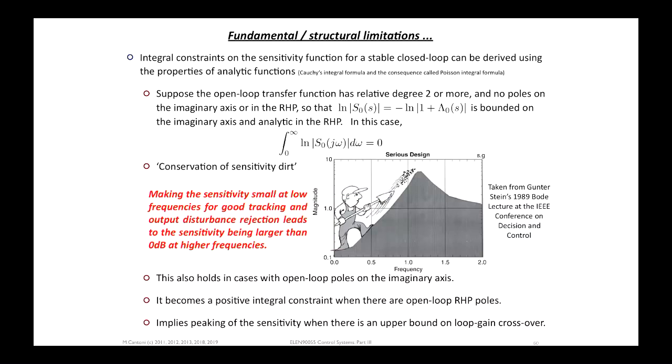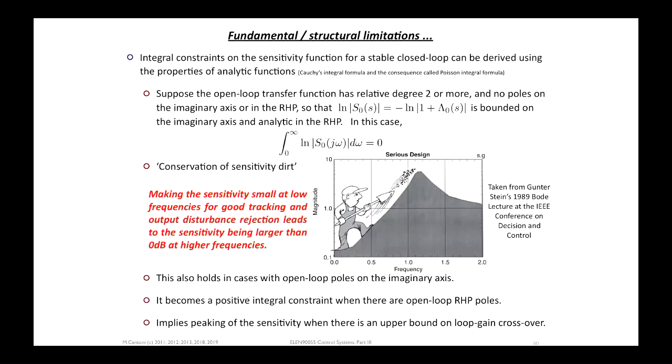And it becomes 1 at high frequencies, because at high frequencies we want T, the complementary sensitivity function, to be small to give us low sensitivity to measurement noise and modelling error. And if T is small, S will be 1, because S plus T is always equal to 1.